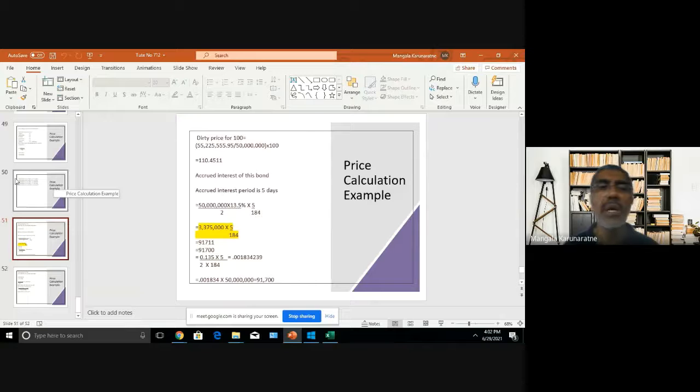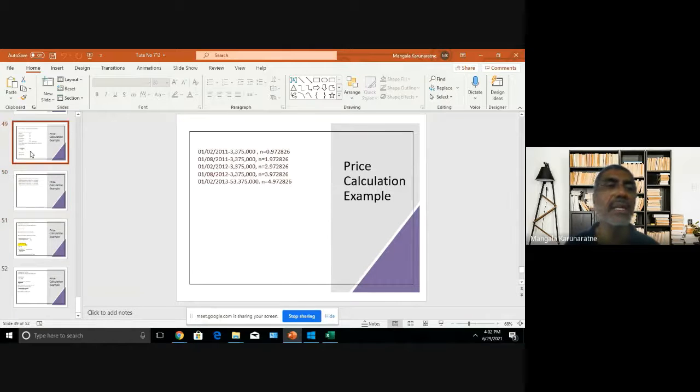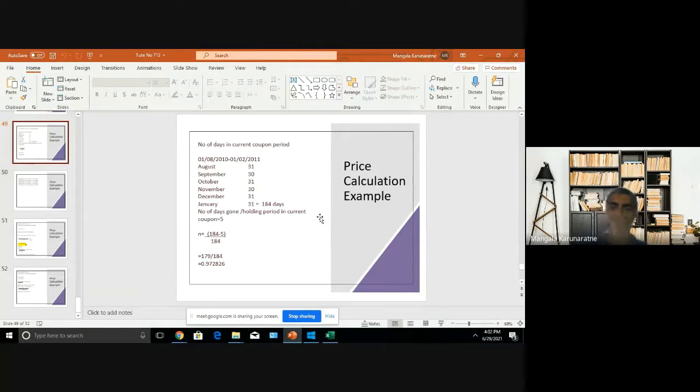So now we have another area here. After this, when you calculate, you get the clean price and the dirty price.